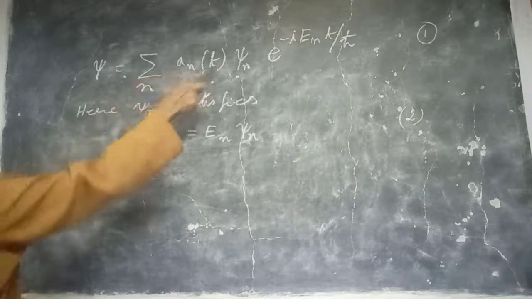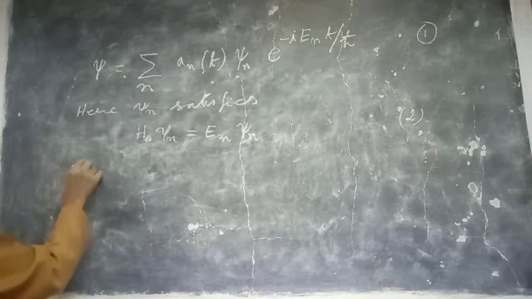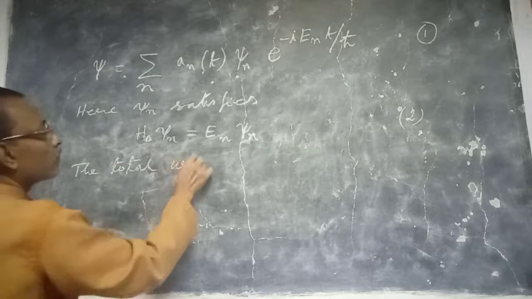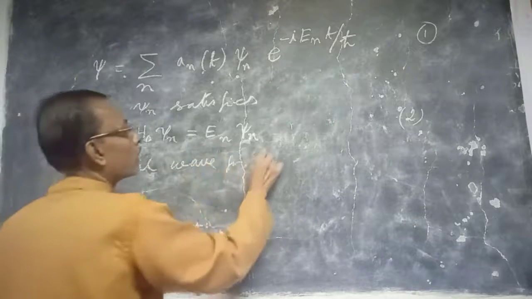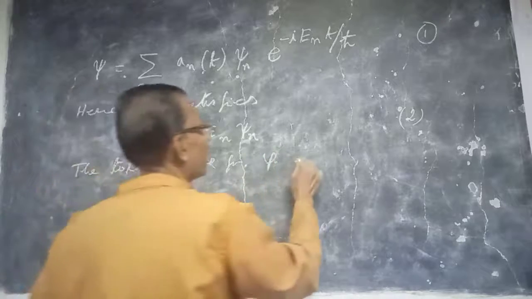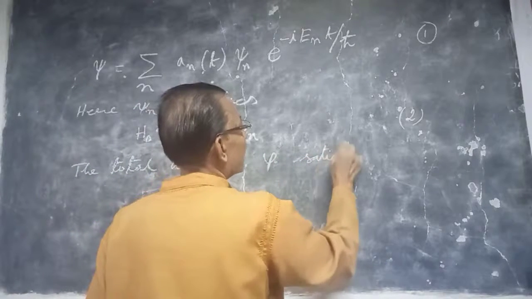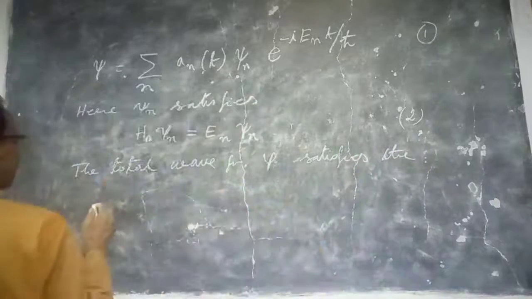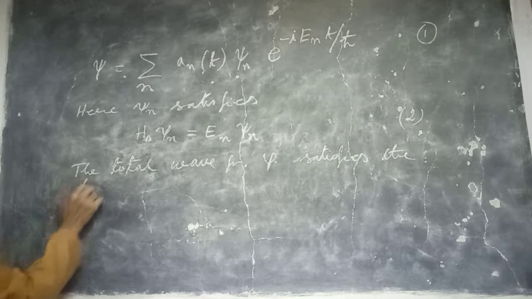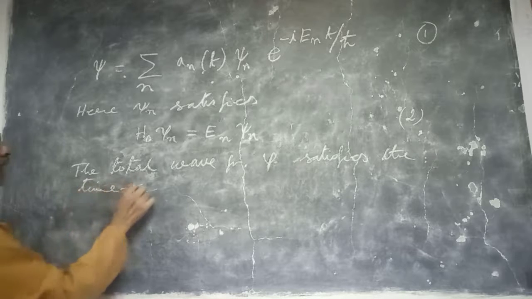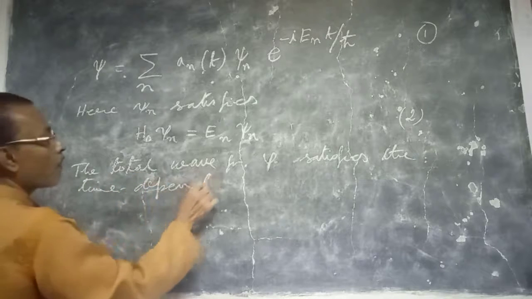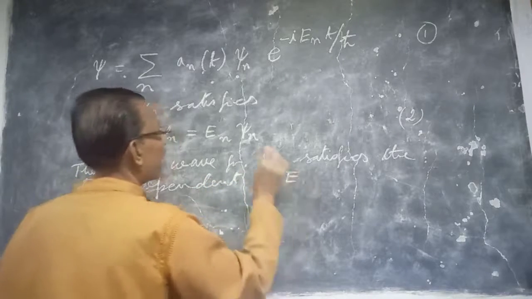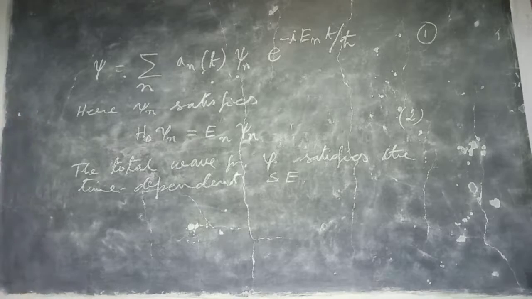Now the total wave function satisfies the time dependent Schrodinger equation, because the perturbation is time dependent.